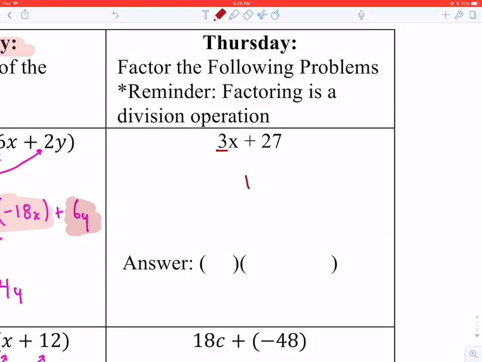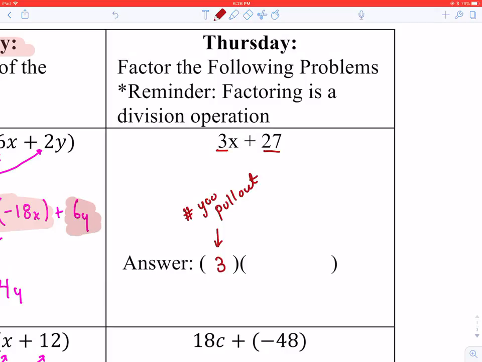The only numbers you can really pull out of 3 are 1 and 3. So that's your hint that what you're going to be pulling out of 3x and 27 is the number 3. The number that you pull out goes into the first set of parentheses.